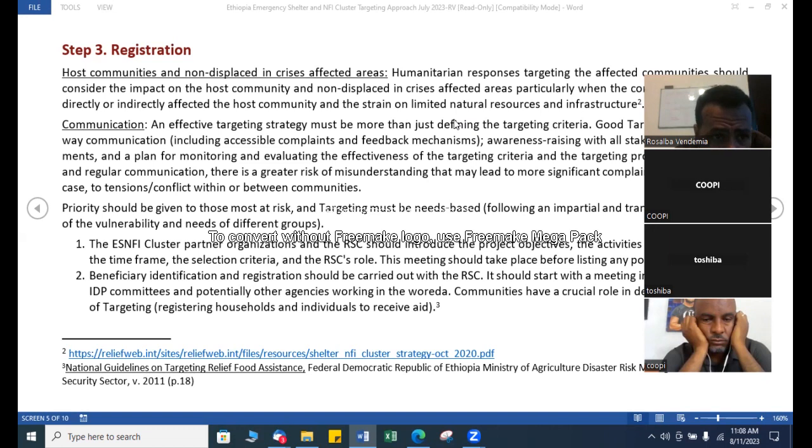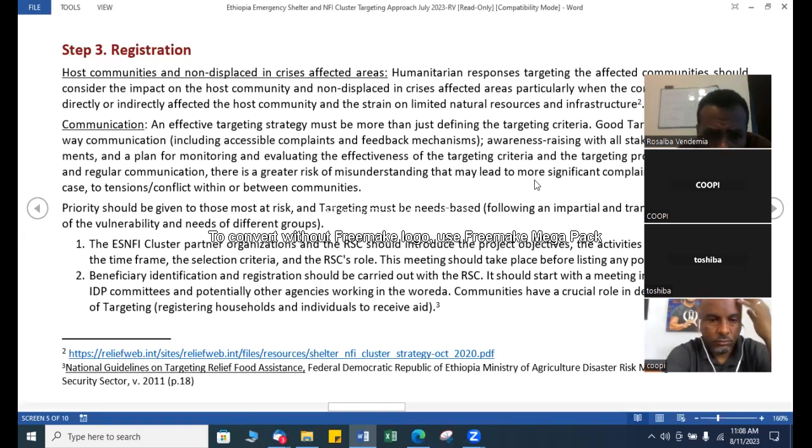We have to work on this. We have to make sure the relationship between the hosting community and affected population is not impacted because of our response. Then, during the registration, as we have also reflected before, effective communication is very important.